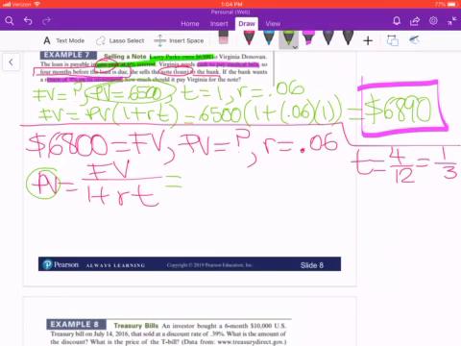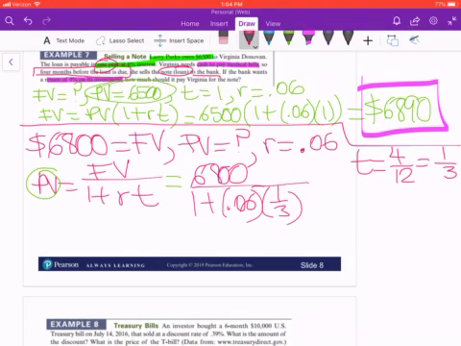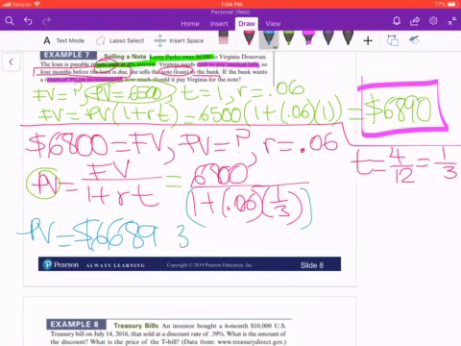In this case, I'm going to substitute the future value, 6,800, divided by 1 plus 0.06 times 1/3. And remember here you will need extra parentheses for your denominator. And so this present value is going to equal $6,689.32.